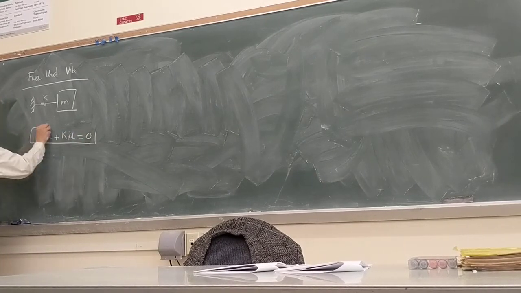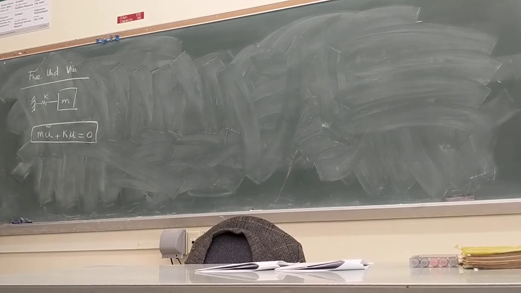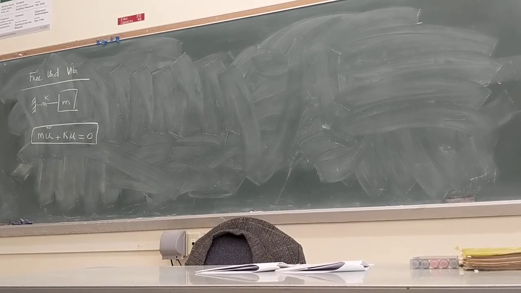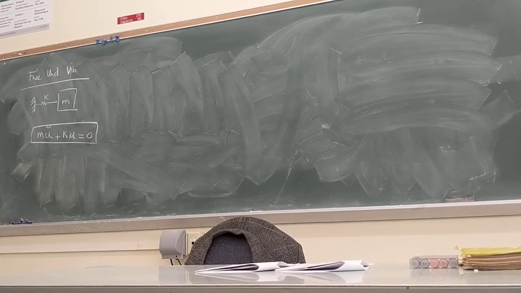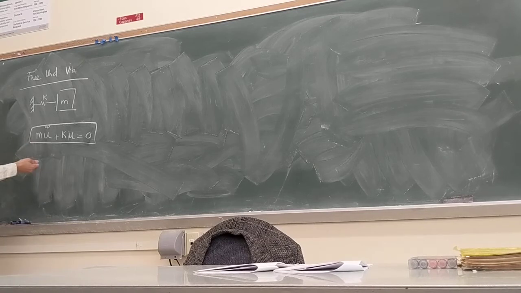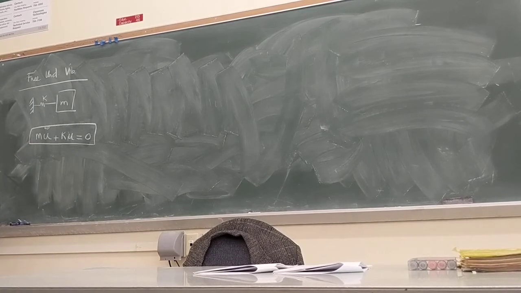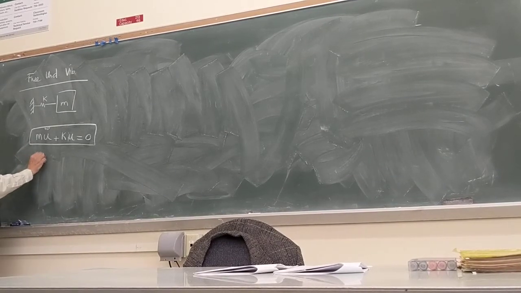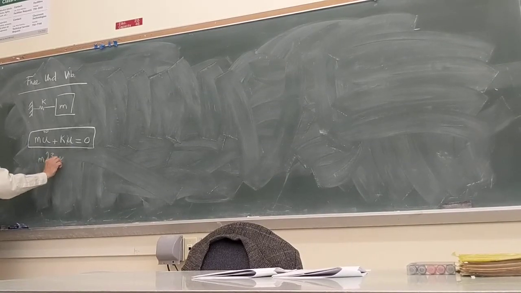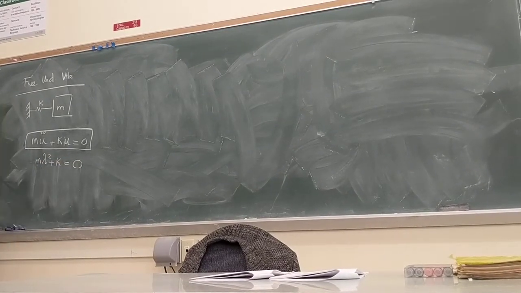So this is what would be a special case. You remember from differential equations how you solve this. You just set up the characteristic equation, which would be m lambda squared plus k is equal to 0.